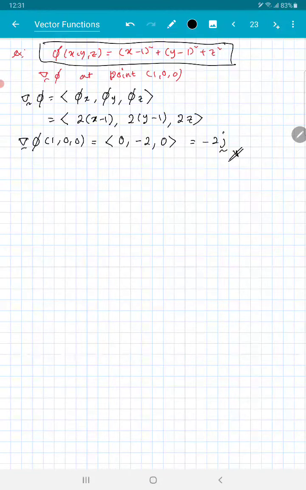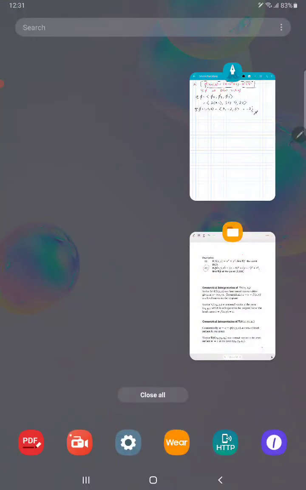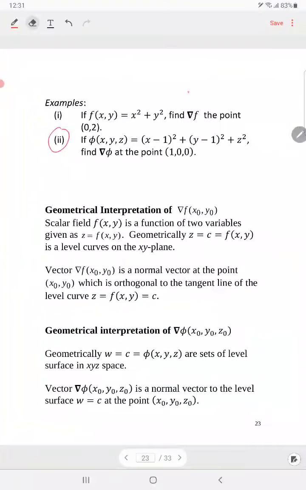Now let's look at the geometrical interpretation of this. The geometrical interpretation for del phi at point (x naught, y naught, z naught) is a normal vector to the level surface. Let's look at our notes here. At point (x naught, y naught, z naught), we replace phi with the point, and we end up with an equation phi(x, y, z) equals c, where c is a constant.